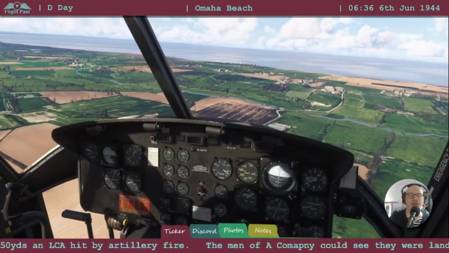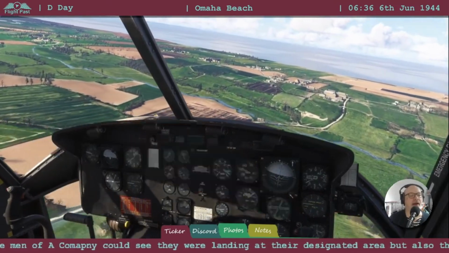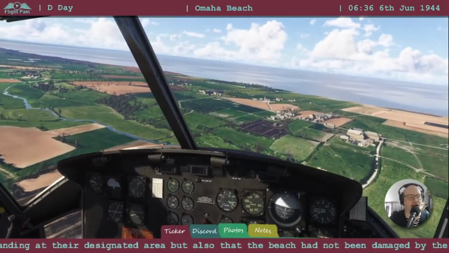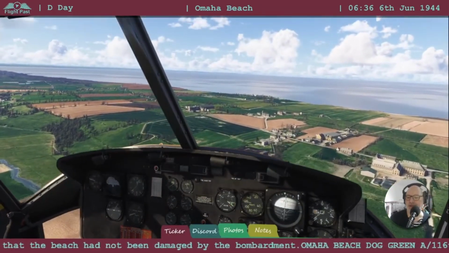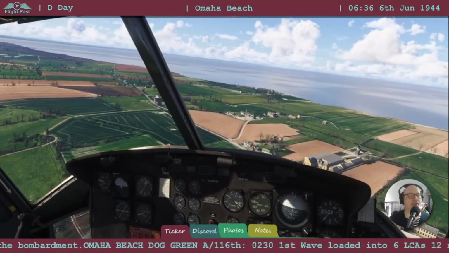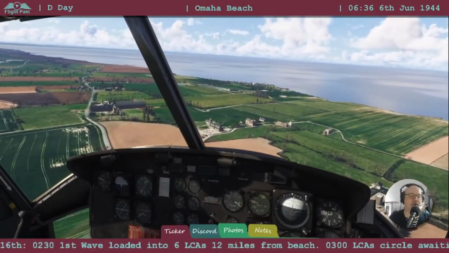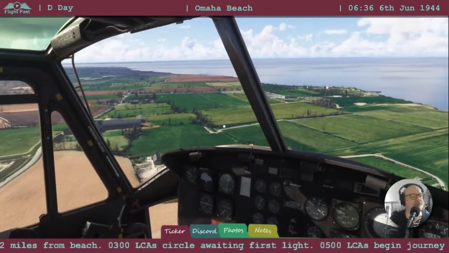This is where the Rangers attacked. They scaled the cliffs, and this is going to affect our part of the story down on Dog Green, because the 2nd Battalion Rangers had 3 companies. The first company went in here, and there was a backup company in reserve that was waiting for a signal to say come to us.